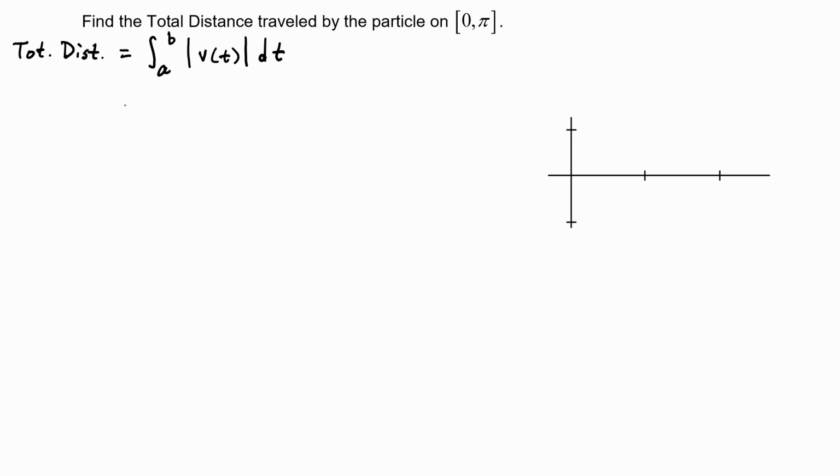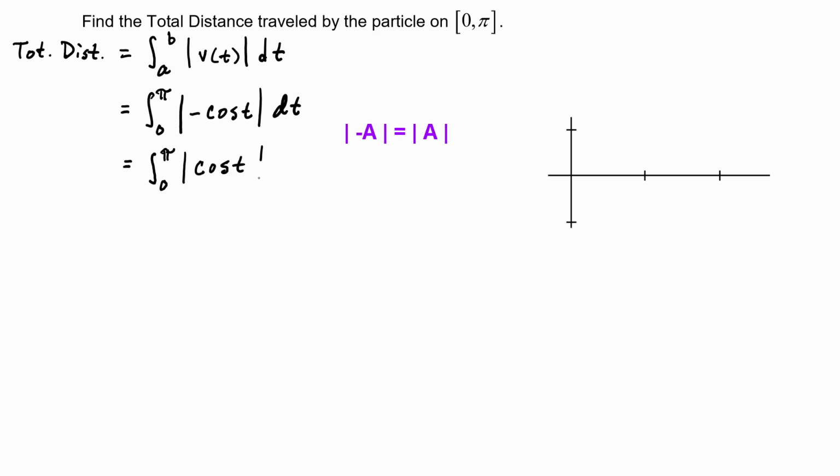So that means in our case, we will integrate from 0 to pi the absolute value of our velocity equation, which was negative cosine t dt. Now we can simplify because the absolute value of negative anything is the same as the absolute value of the anything. So we can say this is the integral from 0 to pi of the absolute value of cosine t dt.